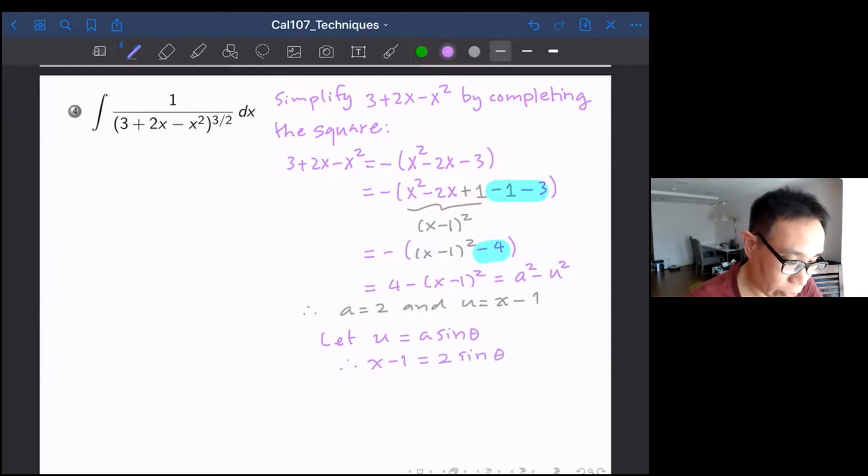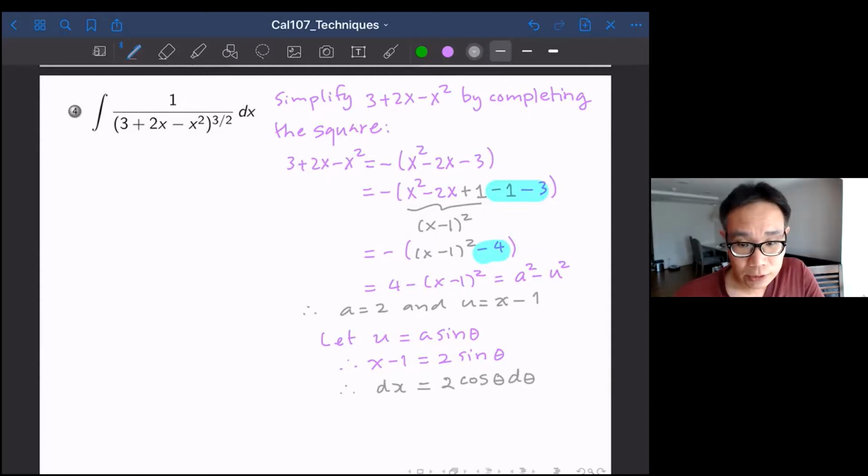And you're going to differentiate both sides, so you get dx equal to 2 cos theta d theta. This is how we're going to deal with this.